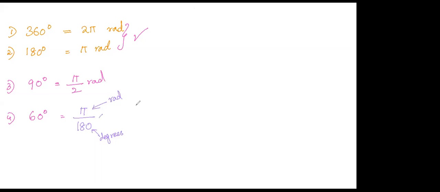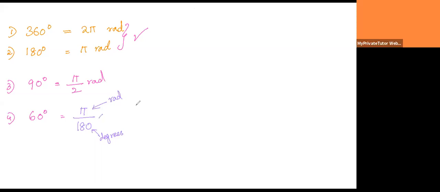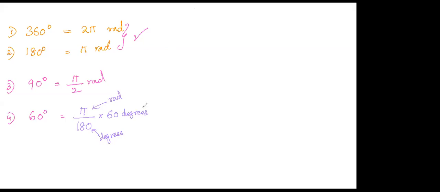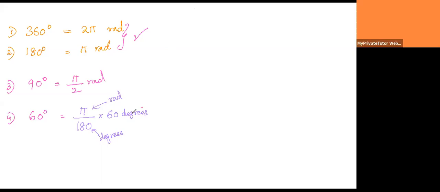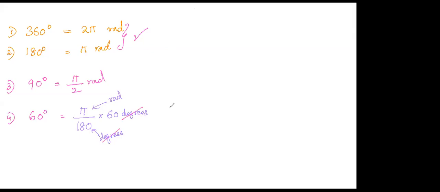The degrees cancel out. We're left with 6 threes are 18, so pi by 3 radians. What do you think, Omar? Are you able to follow me? Yeah.